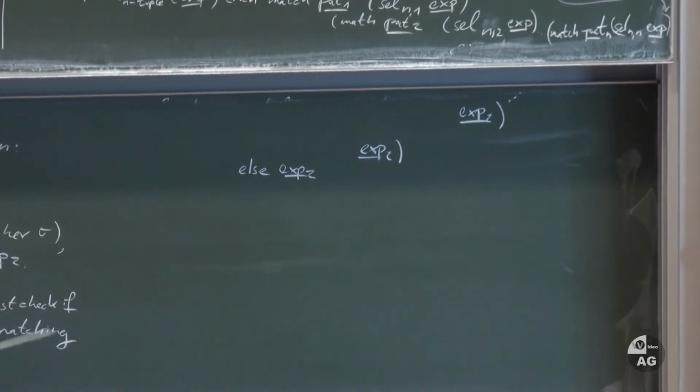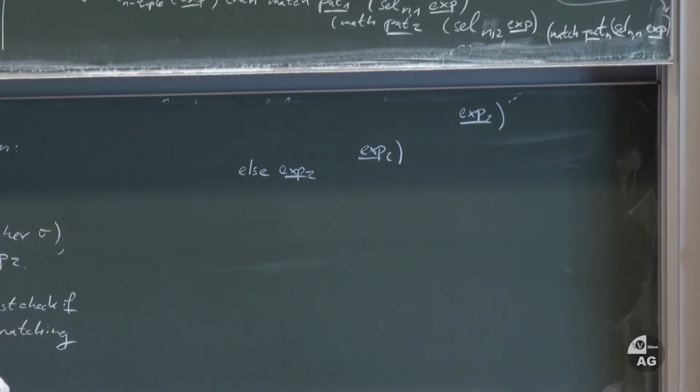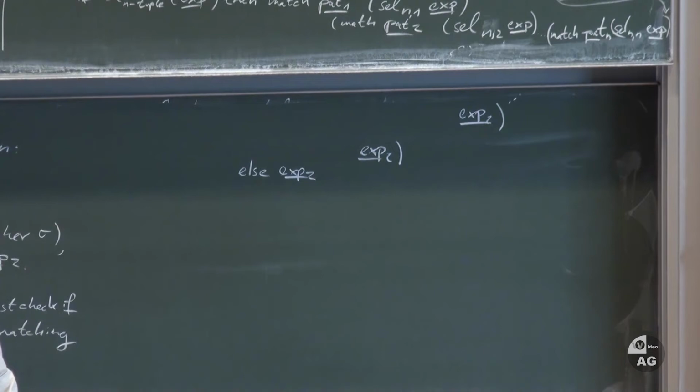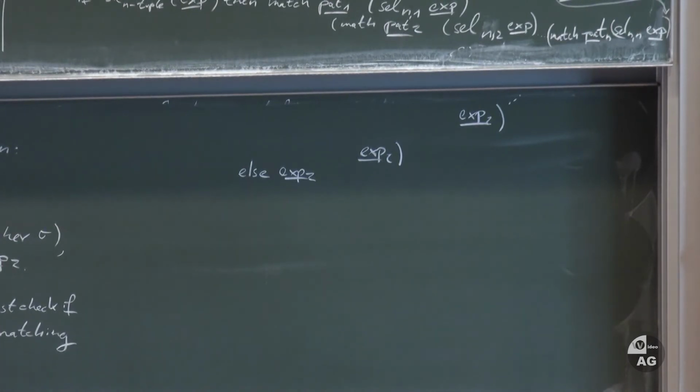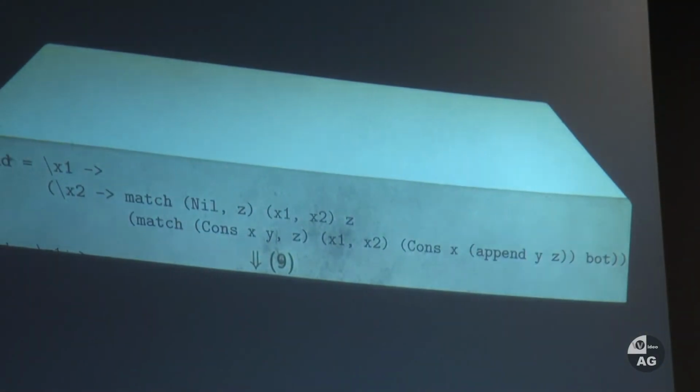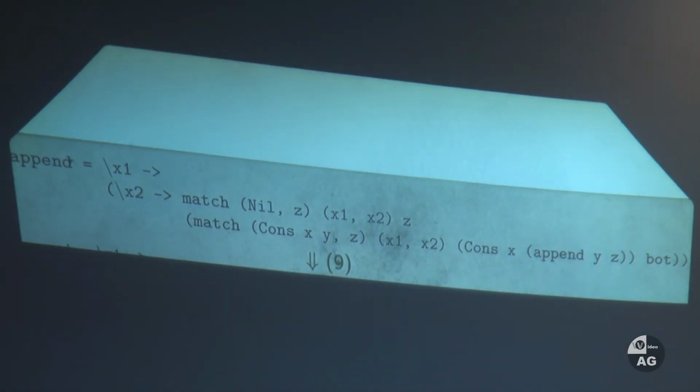So let's do this in our example. How would it look in our example? Before, we had this version of the append program, and now we want to get rid of these matchings. Of course, this will look a bit horrible, but we will simplify it afterwards.